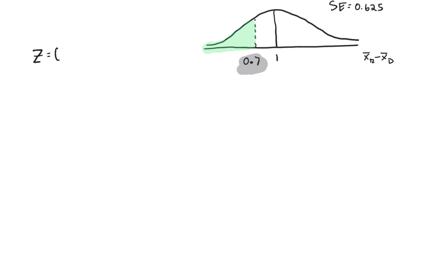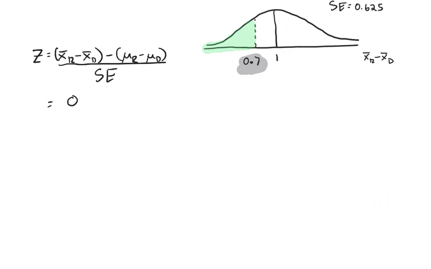That's going to be our sample difference, the sample mean of R minus the sample mean of D, minus our mean difference, which we know is 1, but we'll write it out anyway, mu R minus mu D, over our standard error, which we calculated in the previous slide.